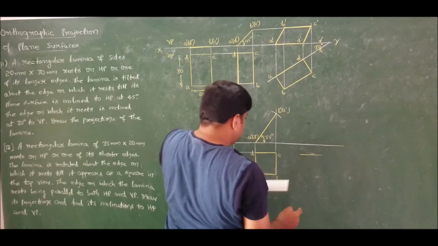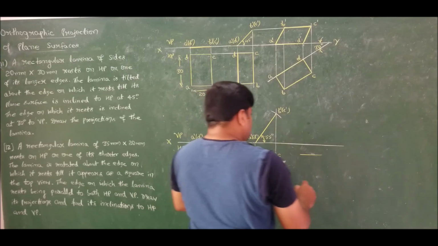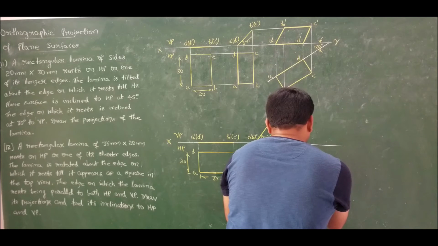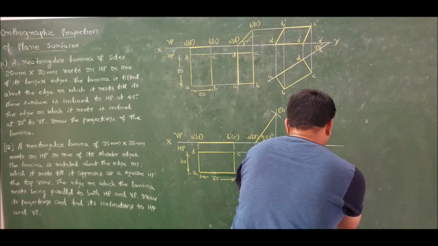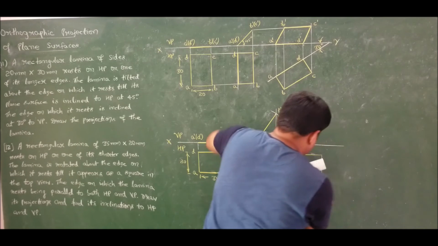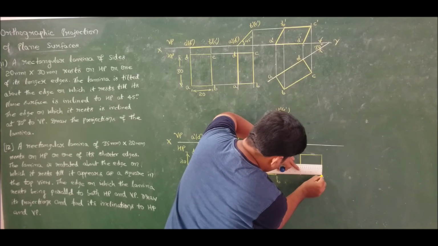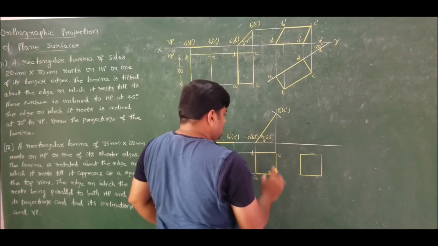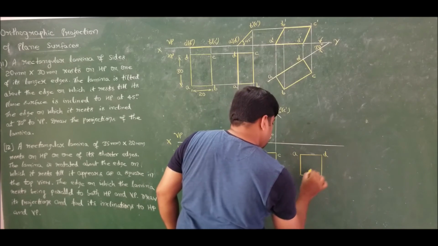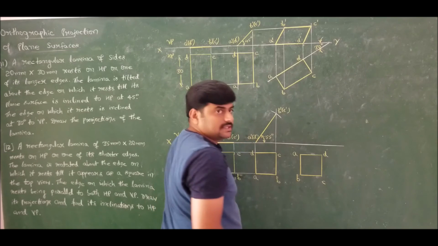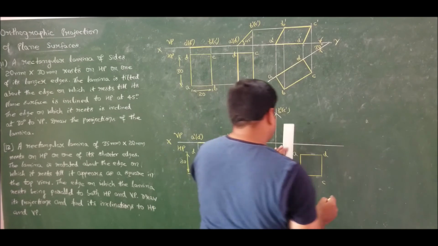So this entire lamina is a square of 20 cross 20. So draw a square of 20 cross 20 again. Drawn. So this should be parallel, so this will become A, D, B and C.